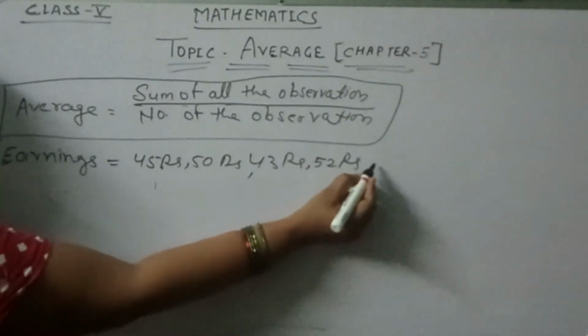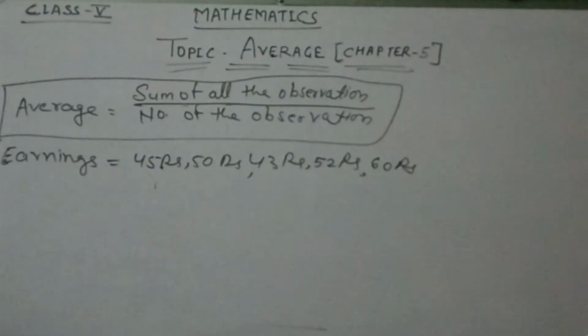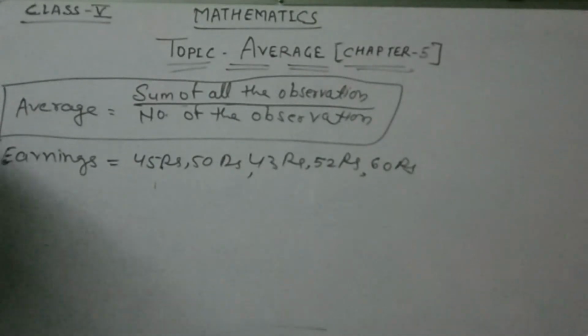Those are the vendor's earnings in 5 days. Then what was his average earning?